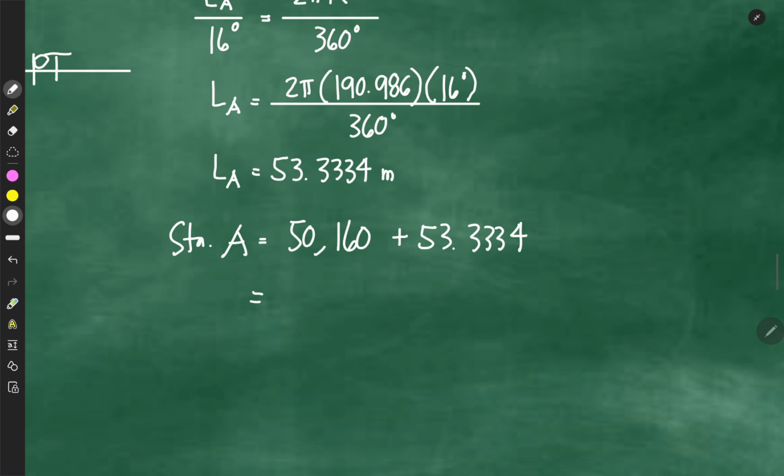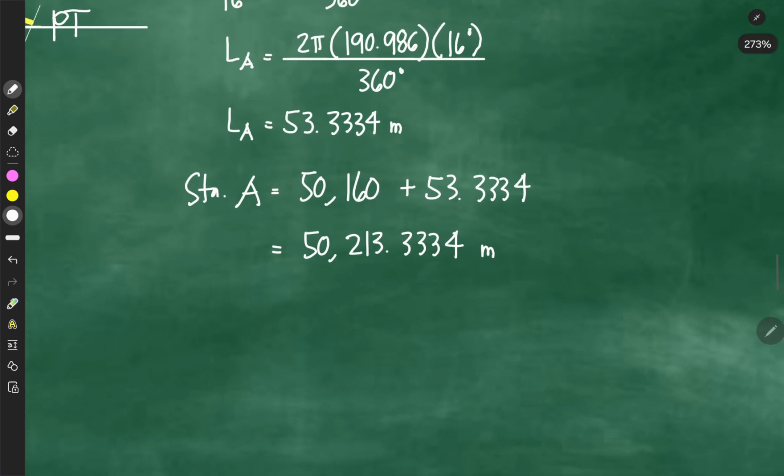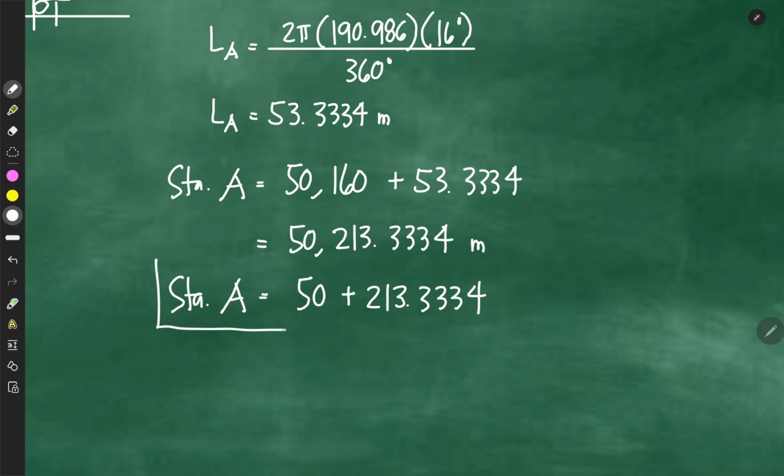So this is now equivalent to 50,213.3334. Again, this is not yet our final answer, because the standard way to write a station is 50 plus 213.3334. This is now our answer.